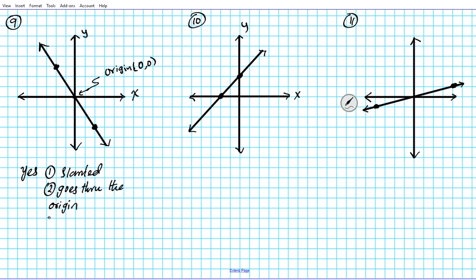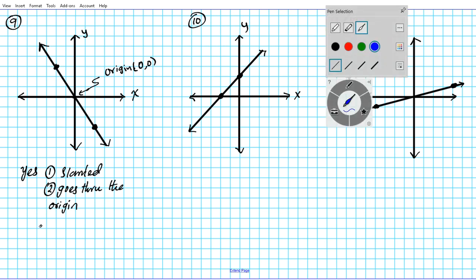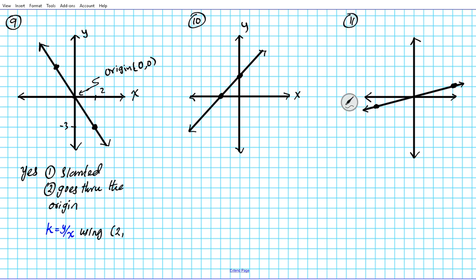Now what's the constant of variation? All you have to do is use the formula y equals kx, so k equals y over x. You just need to find any point on the line and use that point. In this particular case, this is 2 and this is negative 3. So we're going to use the point 2 comma negative 3 to solve for the constant of variation.